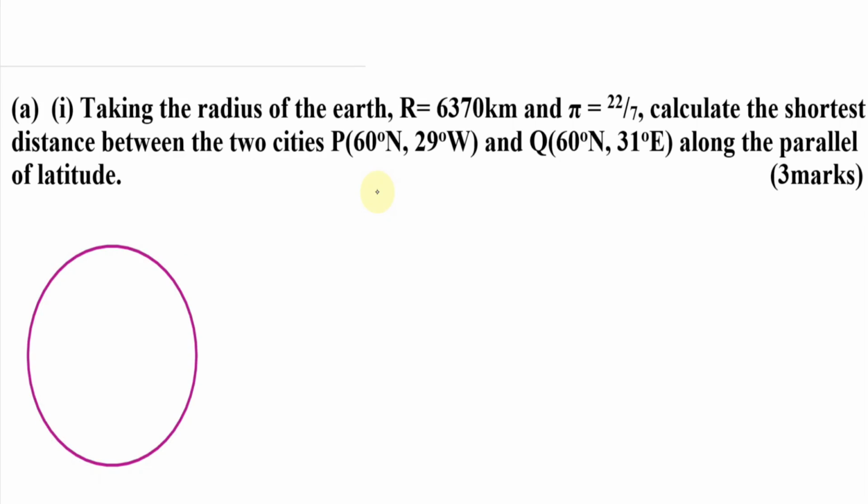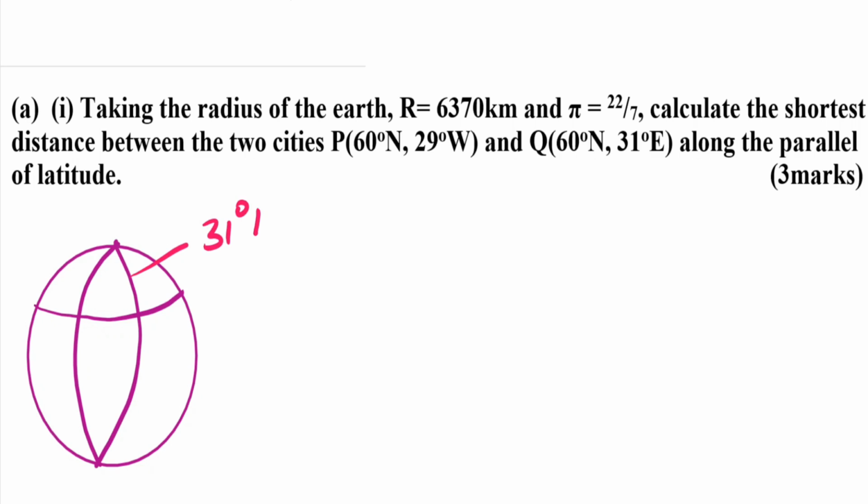So you have 60 degrees north, and you have the 60 degrees north. They have longitudes here. We have 29 degrees west, and the 31 degrees east.